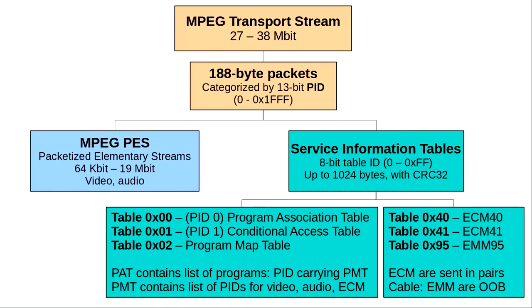There's a program map table for each MPEG program or TV channel that's found in the stream. The ECM PID is where entitlement control messages are sent, containing information that's used to generate the key that decrypts the packetized elementary streams. This system uses two types of ECM. Table 40, I call ECM 40, and table 41, I call ECM 41.